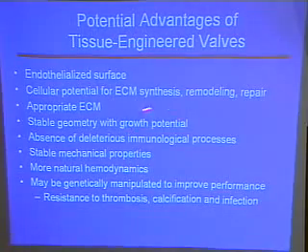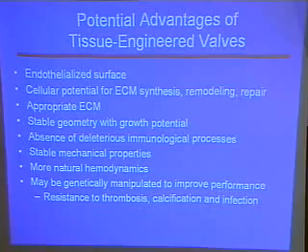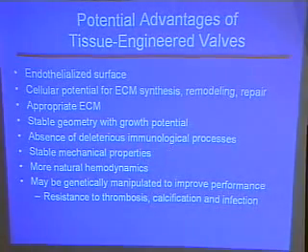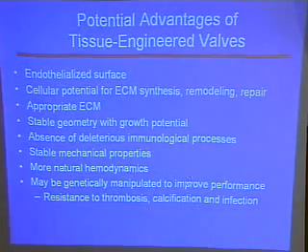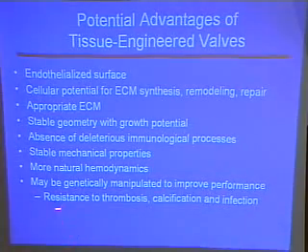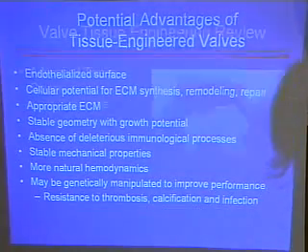They would have a potential for growth, which is very important in children who receive heart valve replacements. Among other potential advantages are a non-immunological response, stable mechanical properties, and more natural hemodynamics. And finally, we could potentially manipulate these valves genetically so that they would have resistance to thrombosis, calcification, and infection.